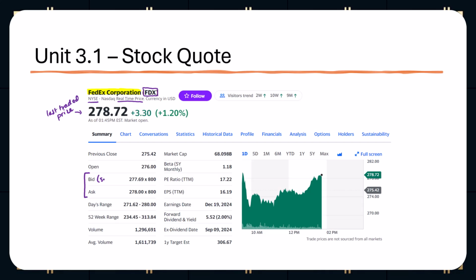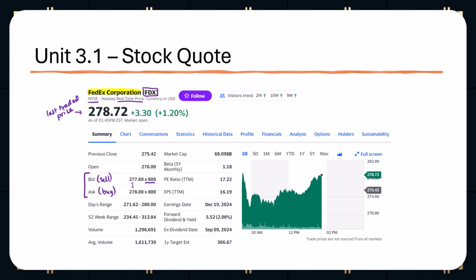Remember, we sell stock at the bid price and we buy stock at the ask price. This little X800 is just the market depth, or the number of shares being quoted at that particular price. And recall that the difference between the bid and the ask price is known as the bid-ask spread, and it is representative of the liquidity of the stock.